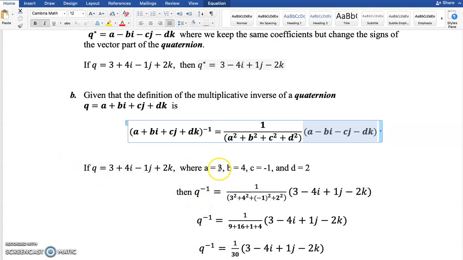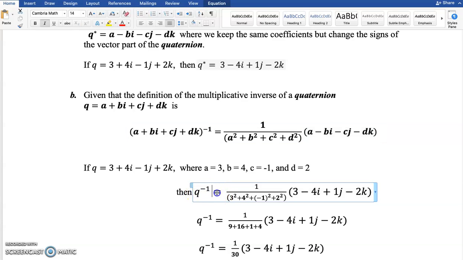Q inverse equals 1 over a squared, in this case a is 3 squared, b is 4 squared, c is -1 so it's -1 squared, plus d squared, which is 2 squared, times the conjugate, which we already have from part A. So we plug in the conjugate here.